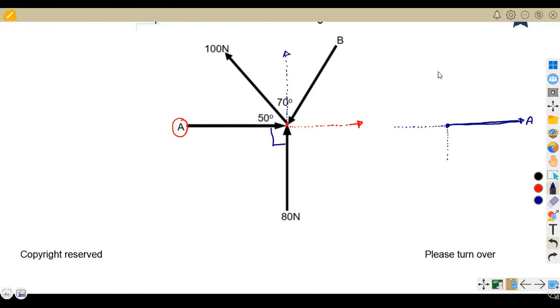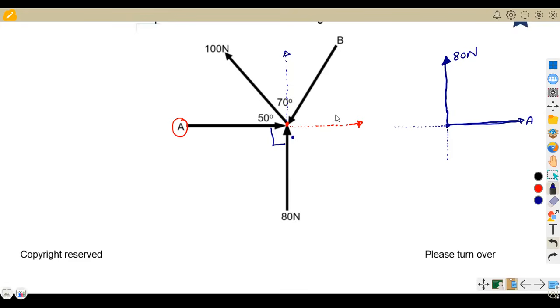That is where we took our 80 from. So it continues as it is straight upwards. That's 80 Newtons straight upwards like that. So now it's pointing out from the point of contact, not the way that it was doing. It was pointing inside. So this is our 80 Newtons there on top.